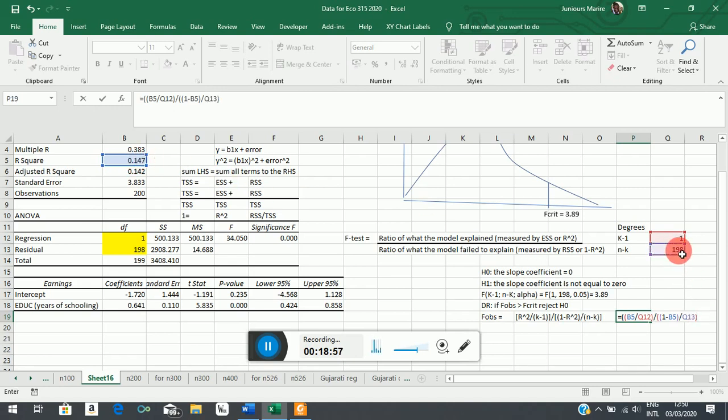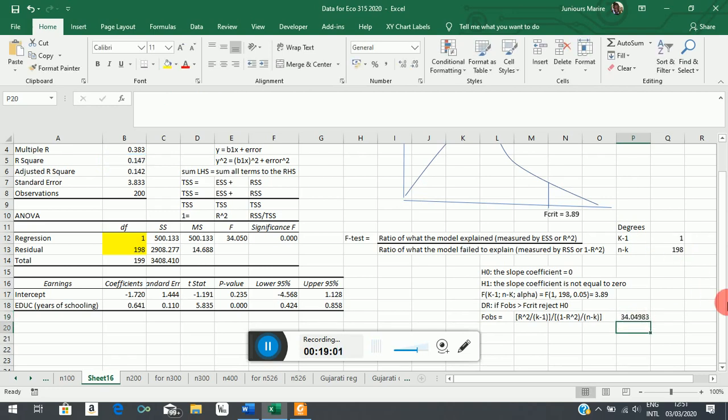I close this, close that, say okay. I get this number here as my F observed. You see, this is the F observed you calculated by Excel. So using the R squared approach, I got the same F observed as that.